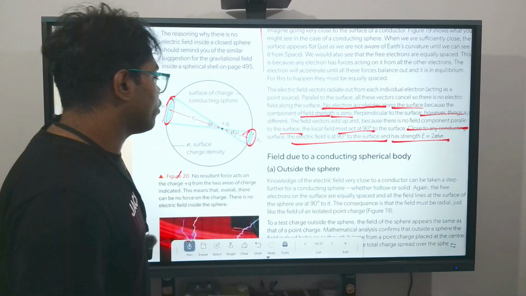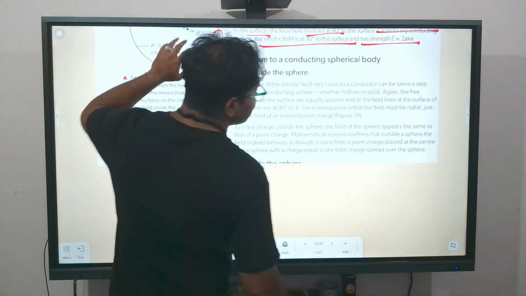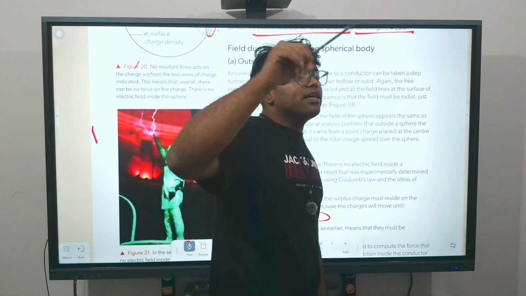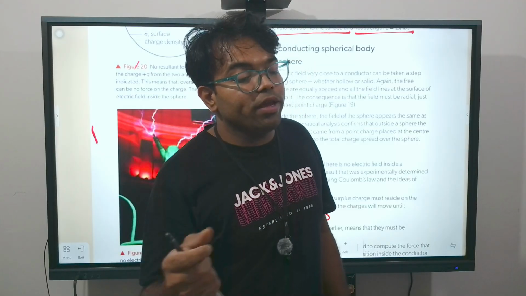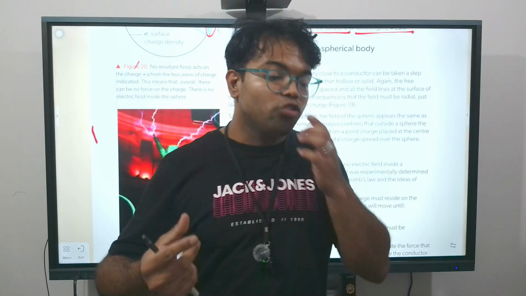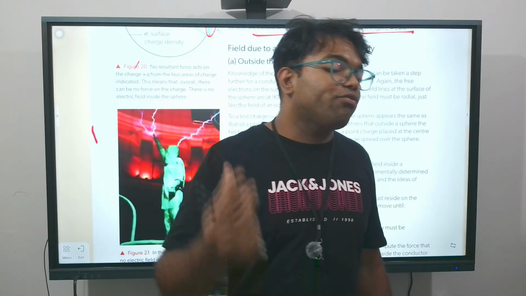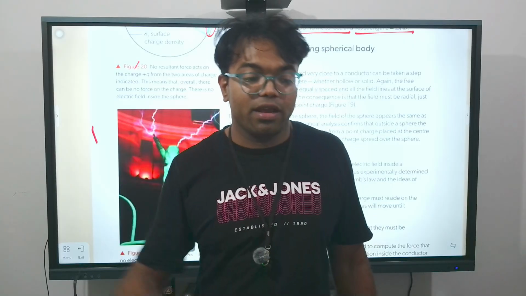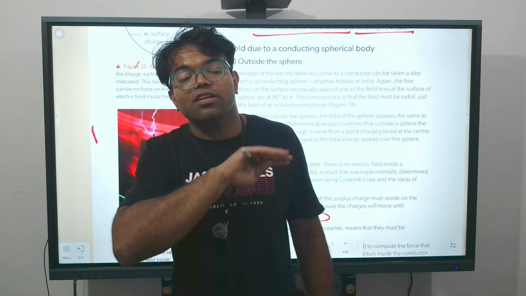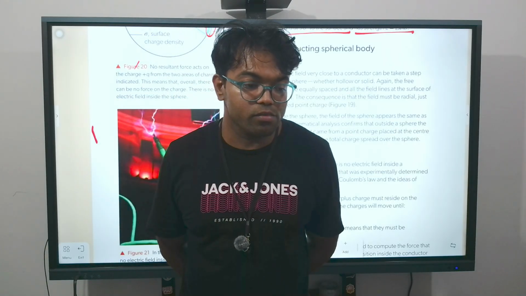Understood? Now, inside the sphere, the electric field is zero. Outside, the sphere can be assumed to be a point charge because the field lines are perpendicular to the sphere. But inside the sphere, what happens? Inside the sphere, there is no electric field.